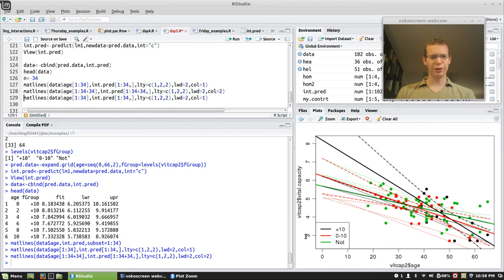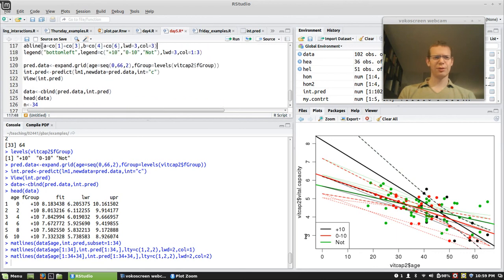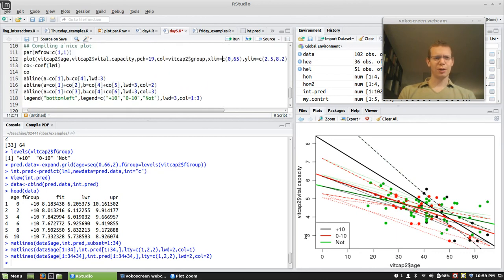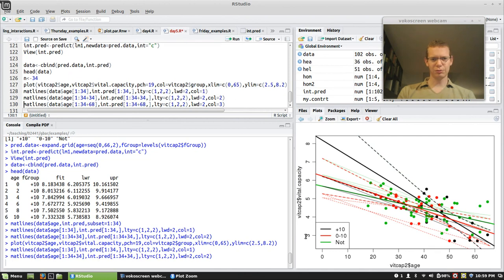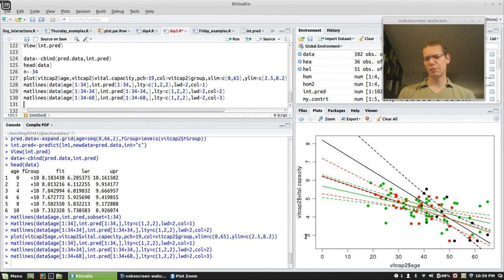We got something around the red one, and then we'll add 68 and add 68 and write a 3. So let's just plot the whole thing again by copying this plotting command down here as well. So these 4 lines will do it, and this could be written in many other ways.